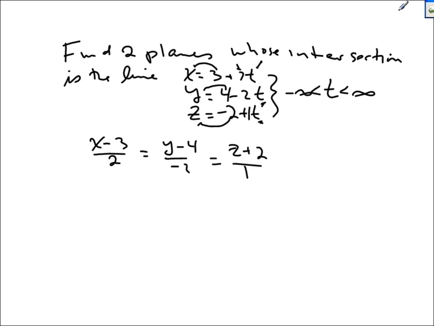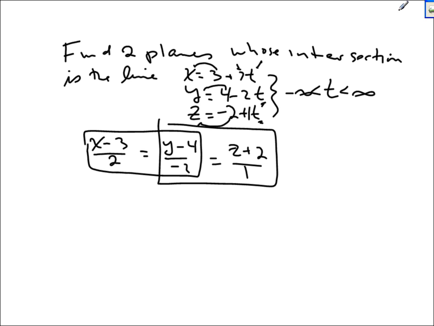Okay, what you do at this point is you find the equation of a plane from those 2 equations, and then the equation of a plane from the other 2, and you will have found the 2 planes.